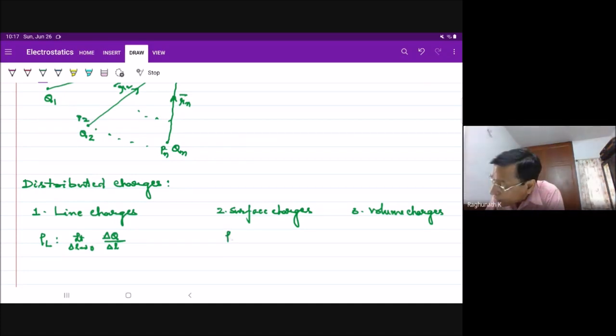If it is a surface charge, rho S is the charge density given as limit delta S tending to 0 of delta Q by delta S. And if it is a volume charge, rho V equals limit delta V tending to 0 of delta Q by delta V.